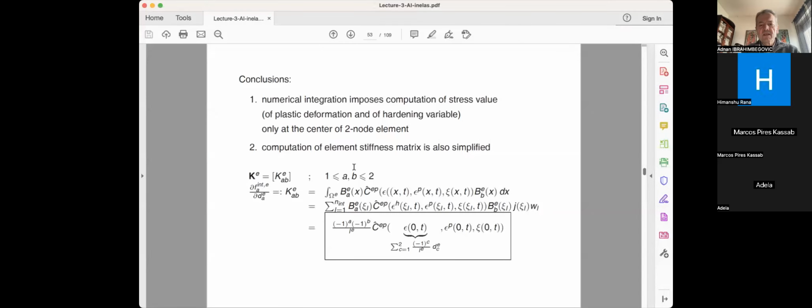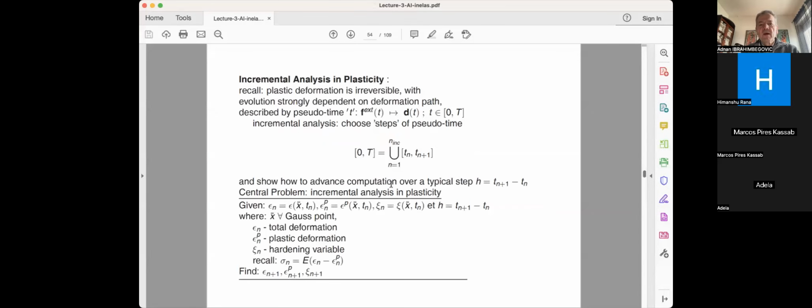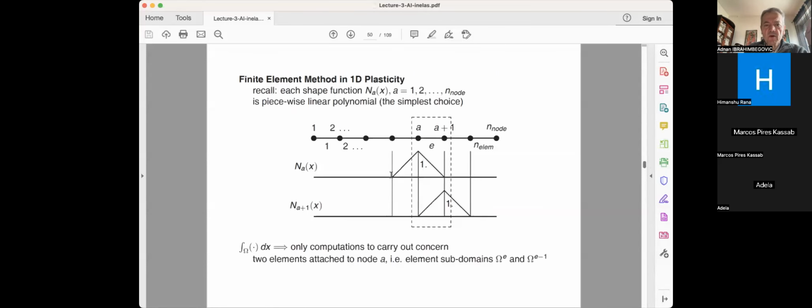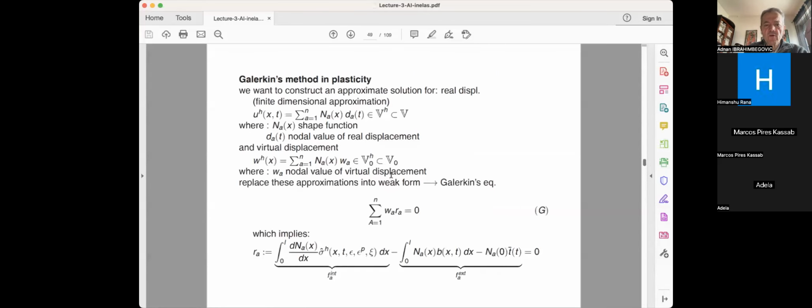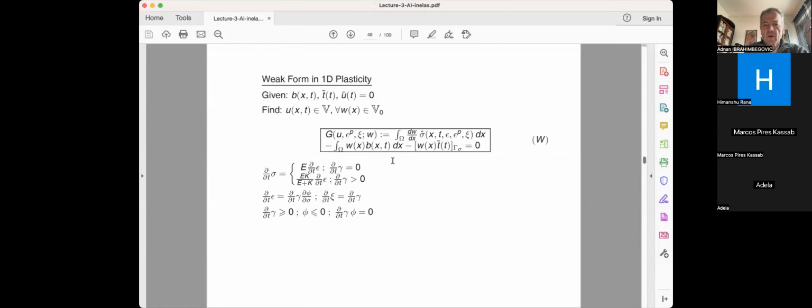So first of all, what I then want to discuss is how to solve this problem. So the typical story is that we came to the set of differential equations. Going back to this one, you have your equilibrium equation in the weak form, and then you have this evolution equation for the plastic strain and the hardening variable as we go along.